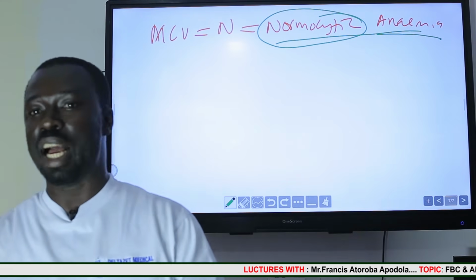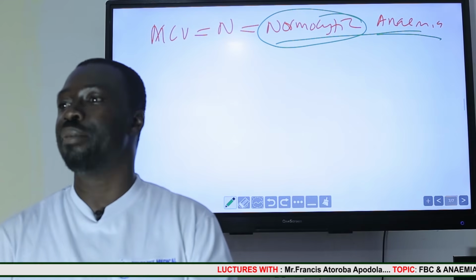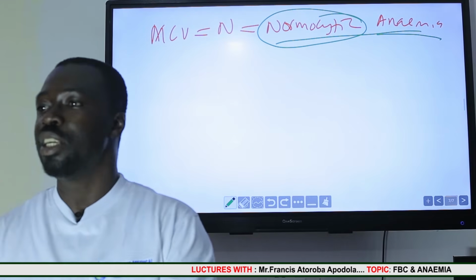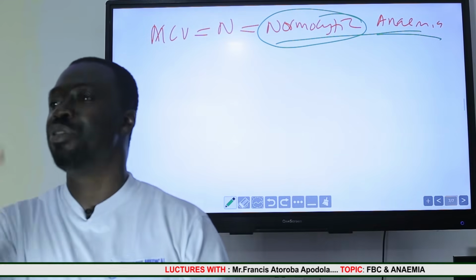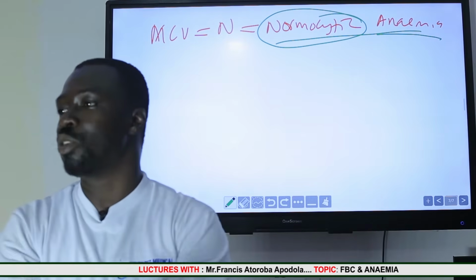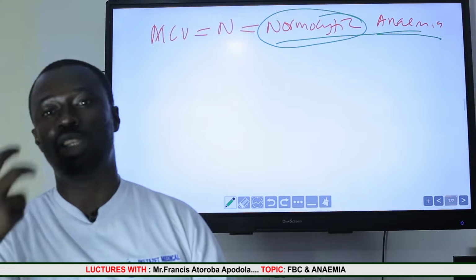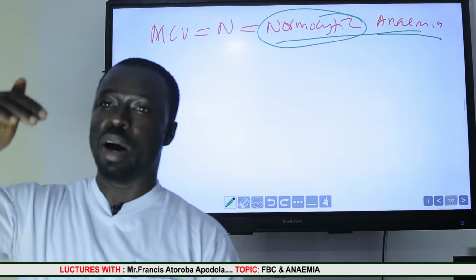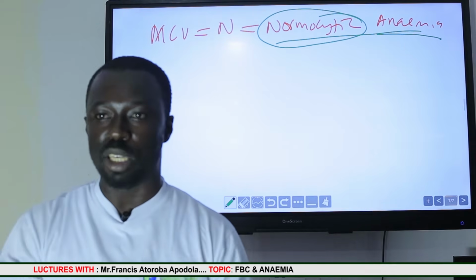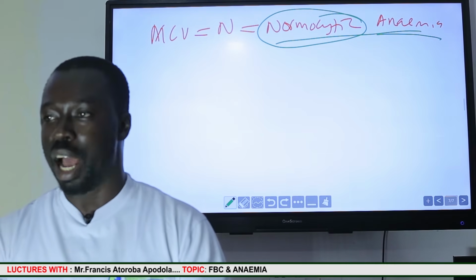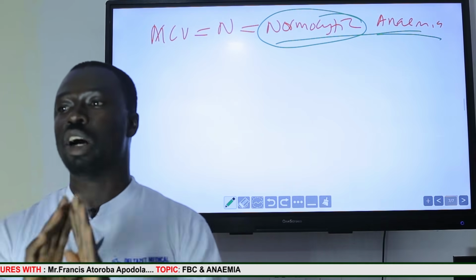You see, anemia has nothing to do with the size of the red blood cell. Anemia means the number of red blood cells has reduced. It is not about the size of the red blood cell, so the size can be normal. Size is not number. We are talking about how many red blood cells are available in the patient's system. Are they enough? Yes, then you are normal.